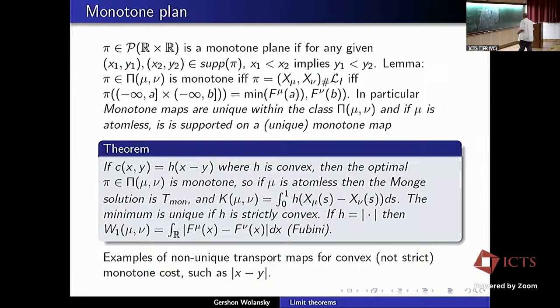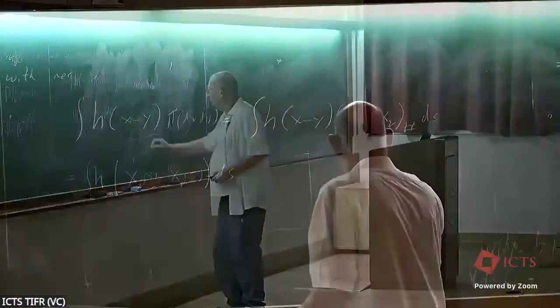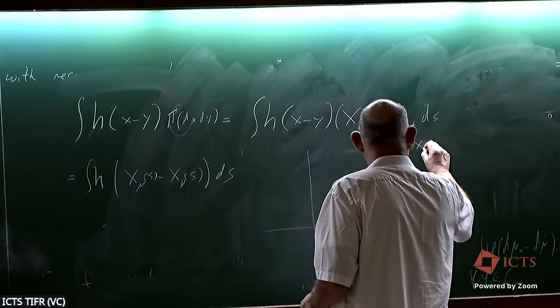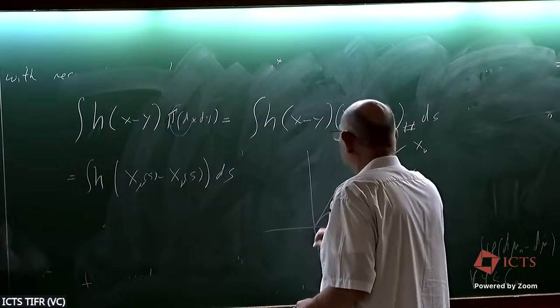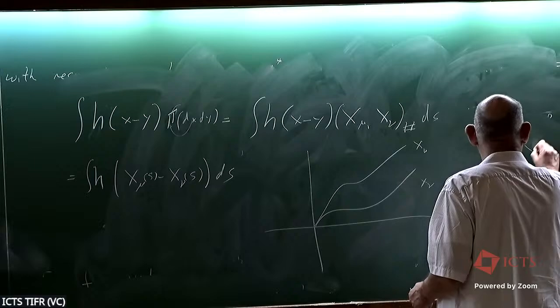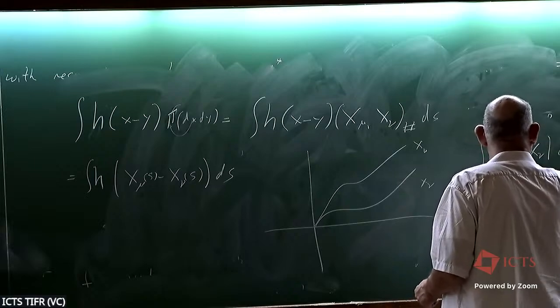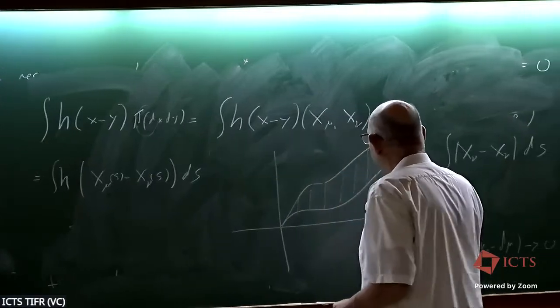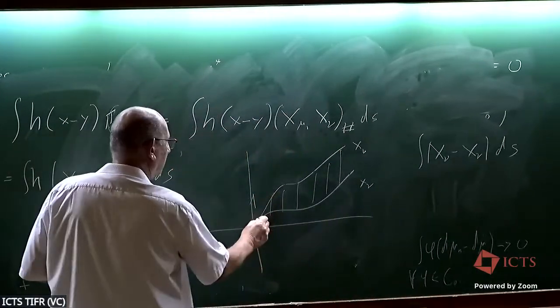And the reason is that, by Fubini's theorem, if we look at X_mu and X_nu, the integral of X_nu minus X_mu is just the area between these two curves.